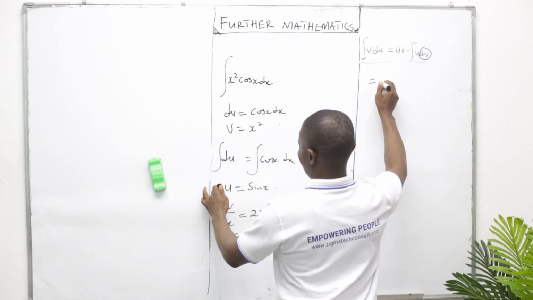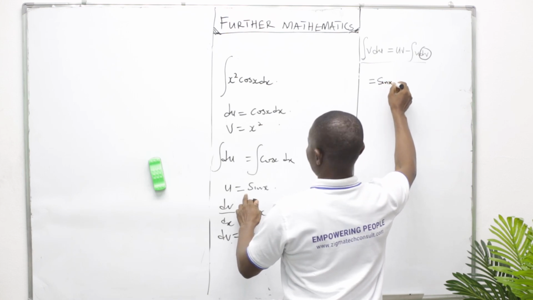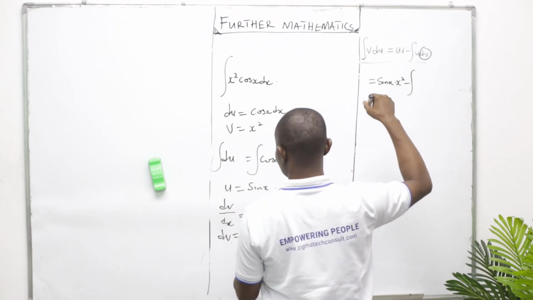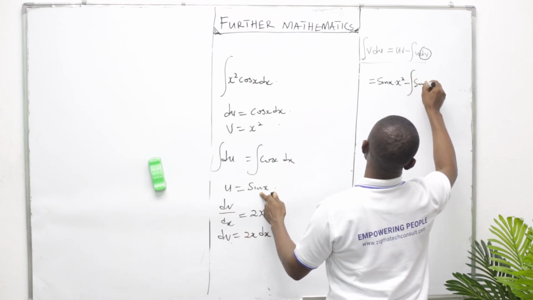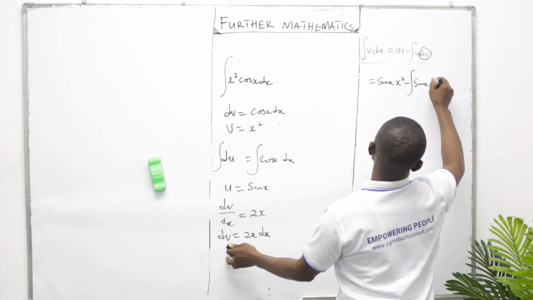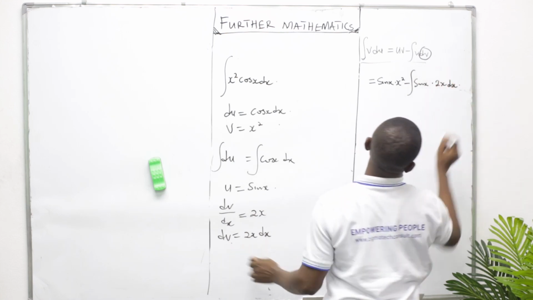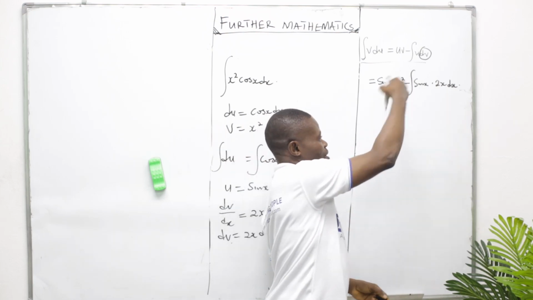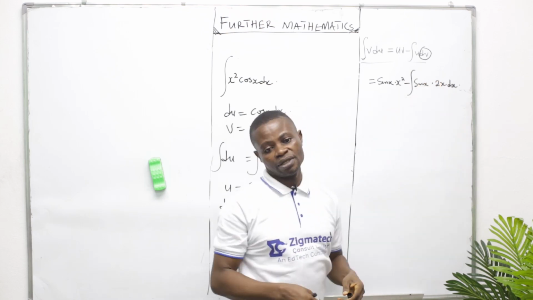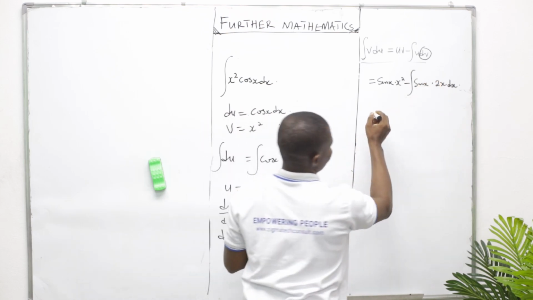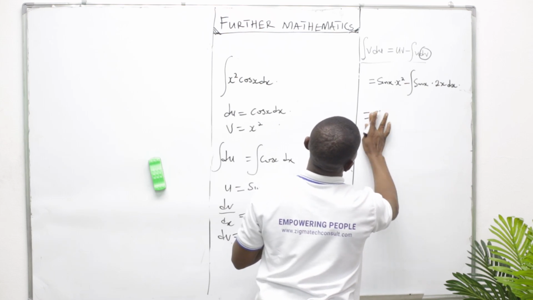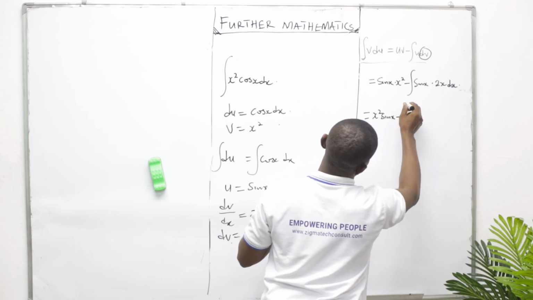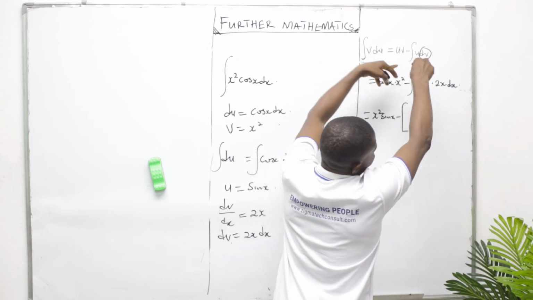Let's fix it here now. uv: sine x dot x squared, minus the integral of v, which is sine x, du. du is what? 2x dx. If you watch this thing very well, it means it is still complex, because we have sine x to be integrated. We also have 2x to be integrated. So, see what will happen now. x squared sine x minus, you're going to open a bracket, meaning a new formula is coming in again.